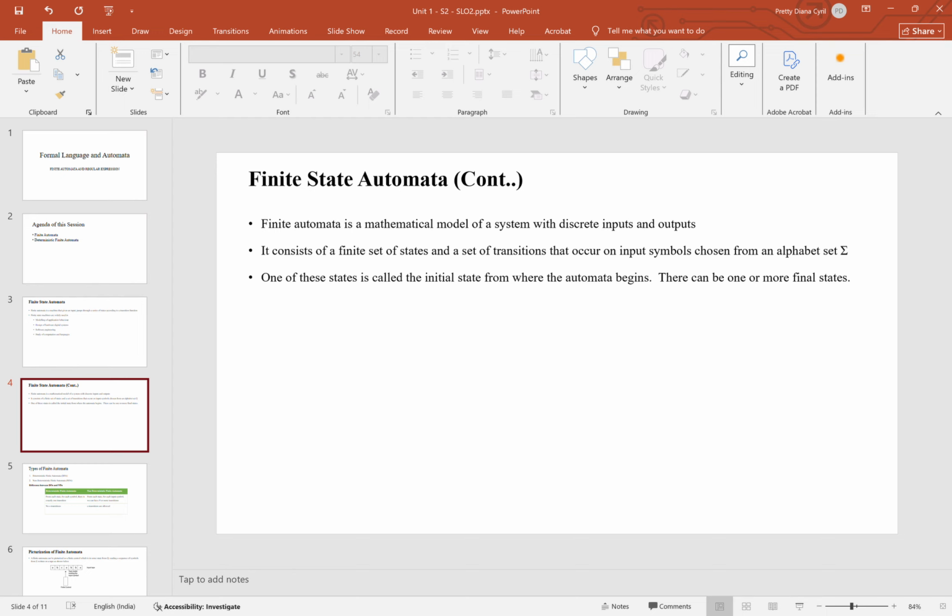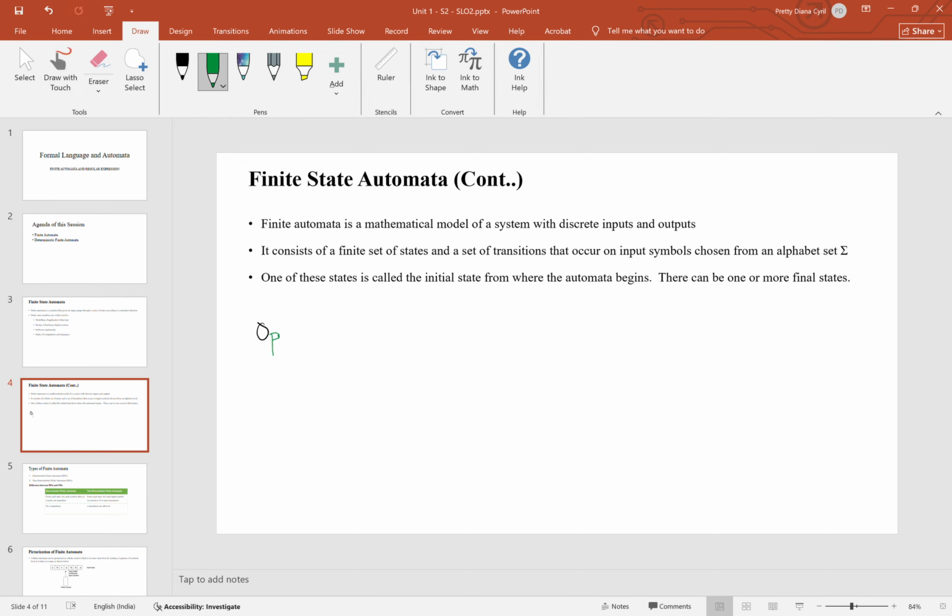For example, we can see the operation of a switch. We have already seen this in the introduction of automata, how the switch works. In the operation of a switch, there are only two states. One is the on state, which we can consider the initial state, and another one we can consider the off state.